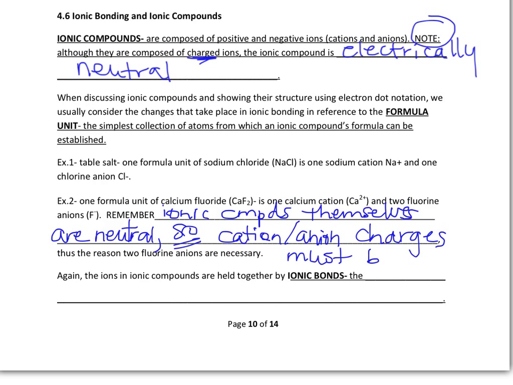That's why in example 2 above, with the calcium fluoride, you'll notice there have to be 2 fluorine anions to balance out and make sure that the final compound itself is neutral. And that looks like this.